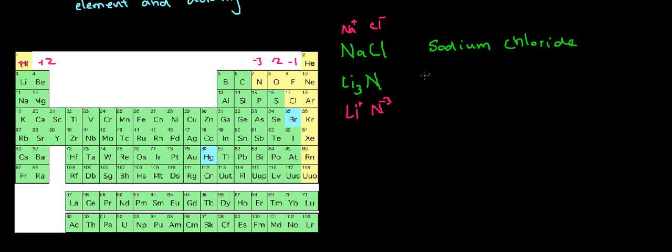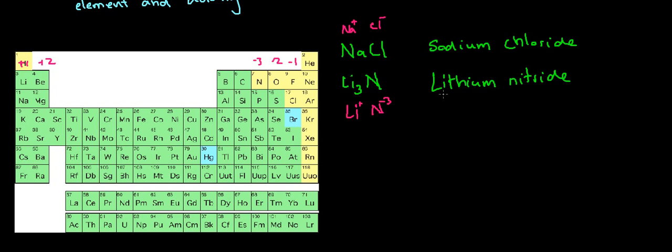But if I want to name this, I see that the cation is lithium, and the anion is nitrogen, so I take the root word and add -ide. Lithium nitride.